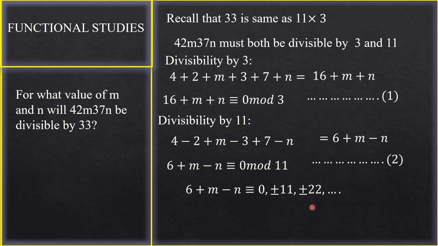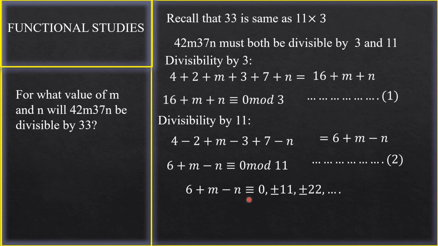Just like that, you multiply by 3, plus or minus 33, and so on. You just go increasing like that. That's why I put these 3 dots. Those are the possible values that this expression can take.